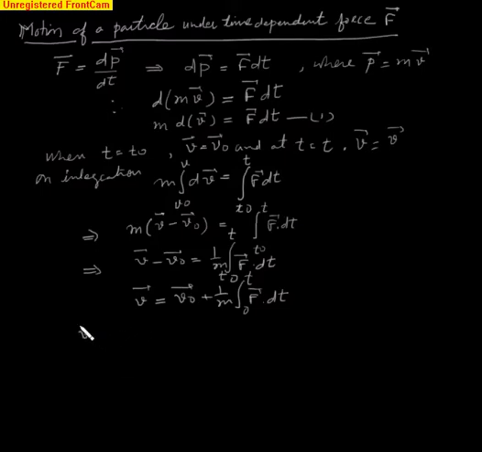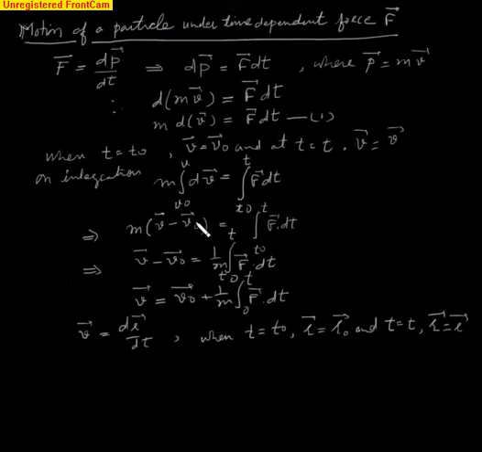Since v can be written as dr by dt, where r is displacement, and when t is t0 in the starting, the displacement was r naught, let us say, and at t is equal to t, r will be equal to r vector.